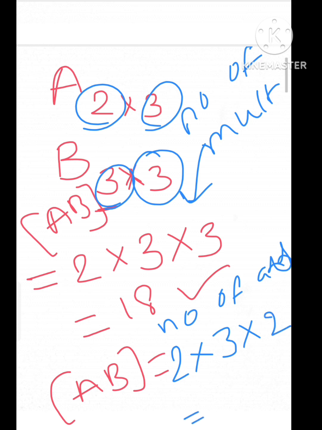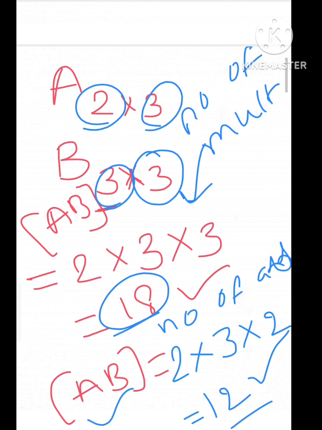So 2 twos are 4, 4 threes are 12. So the number of additions in the A and B multiplication is 12, and the number of multiplications is 18. In this way you can do any problem.